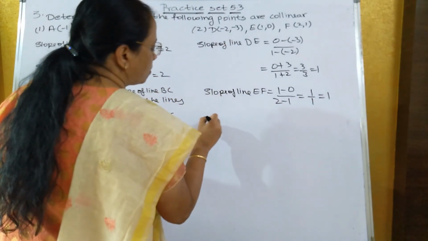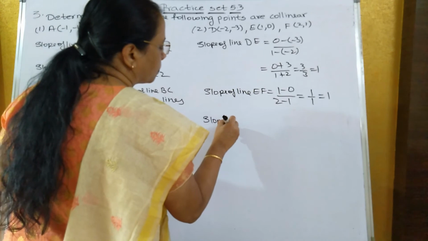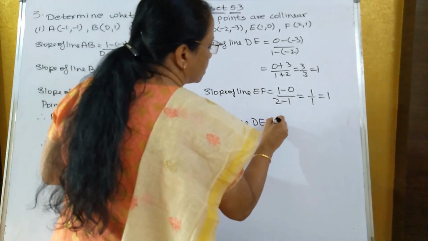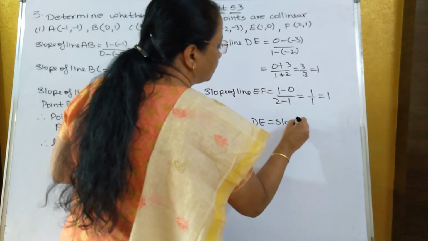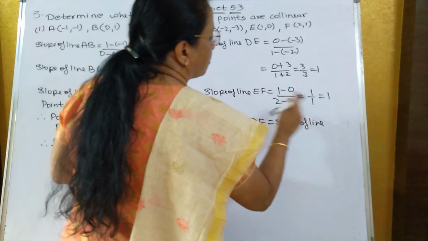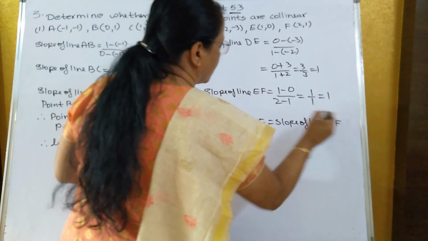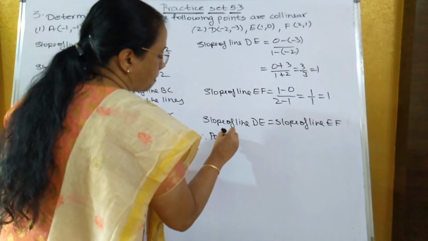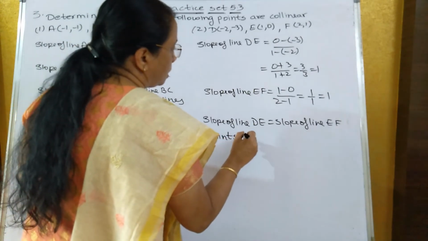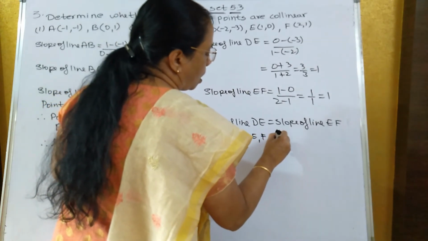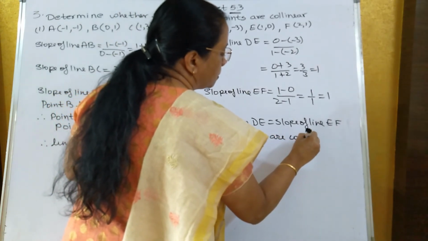So slope of line DE is equal to slope of line EF. Therefore points D, E, F are collinear points.